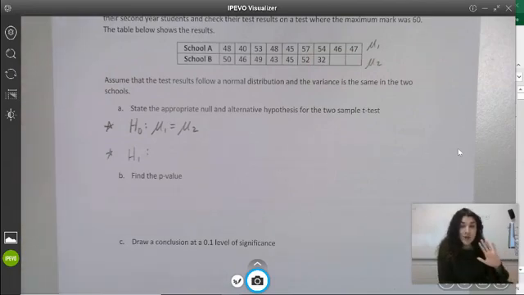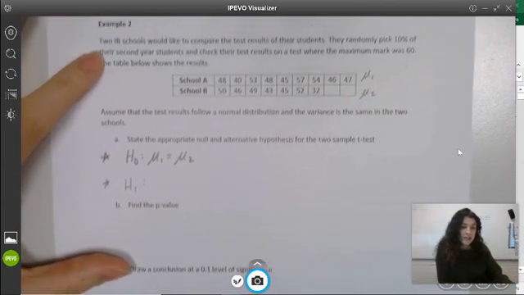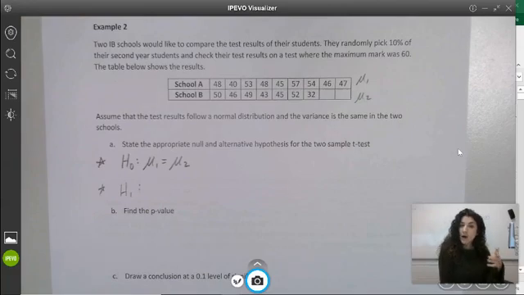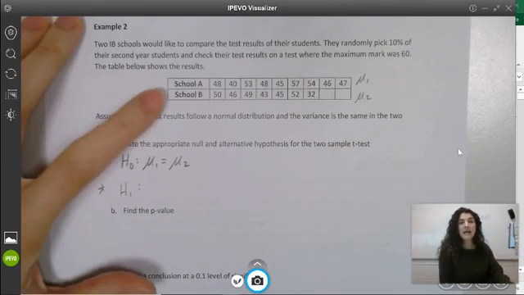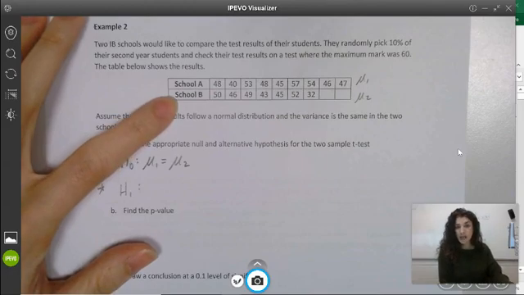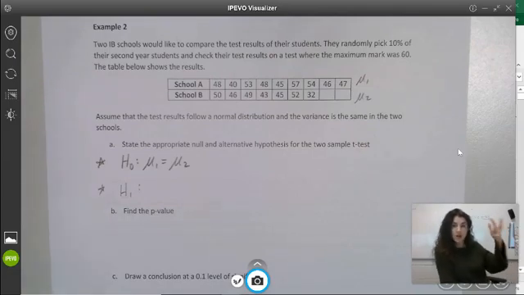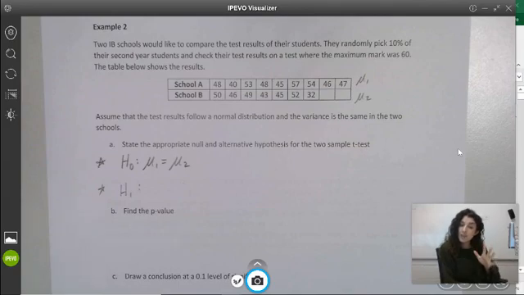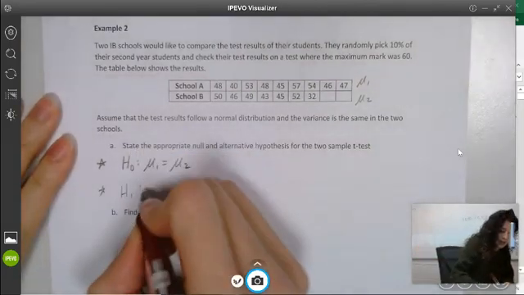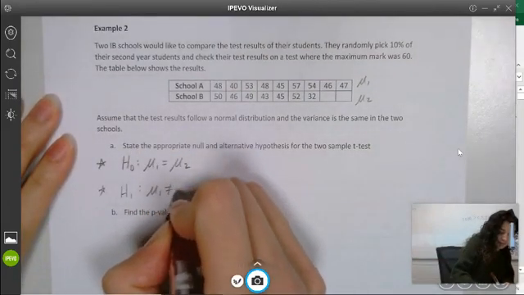So skimming through here, in the wording of the problem, there's nothing that indicates that they're testing to see if school B has a higher average than school A, or if school A has a higher average than school B. There is no indication of testing for being greater or less than, which means it's a two-tailed test, which means we're not talking about being greater or less than, we're just talking about not being the same. That's it.